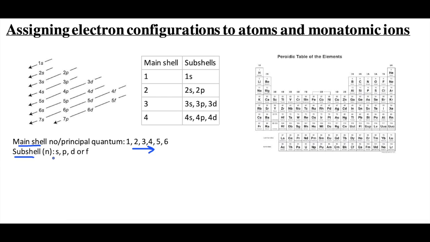The S subshell has one orbital that can hold in total 2 electrons. The P subshell has 3 orbitals that can hold in total up to 6 electrons. The D subshell has 5 orbitals that can hold up to 10 electrons, and the F subshell has 7 orbitals that can hold up to 14 electrons.